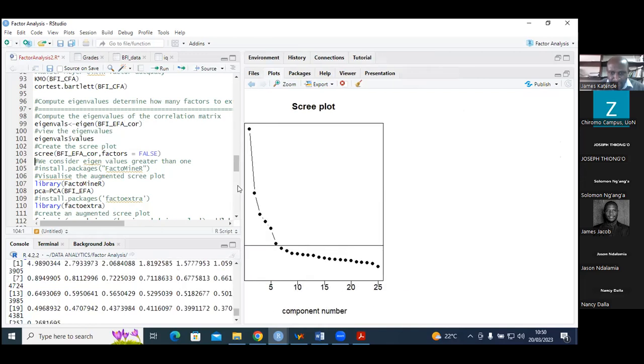We usually look at the point where there is a sudden change in slope. So there's a sharp change in slope around here, and we can count all the eigenvalues that are above that. And usually you want to count the eigenvalues that are bigger than 1. So we have 1, 2, 3, 4, 5, 6. So this suggests that the data has about 6 factors to extract.